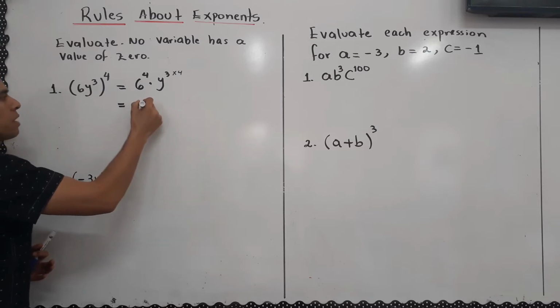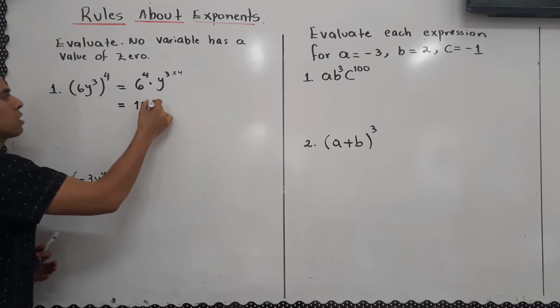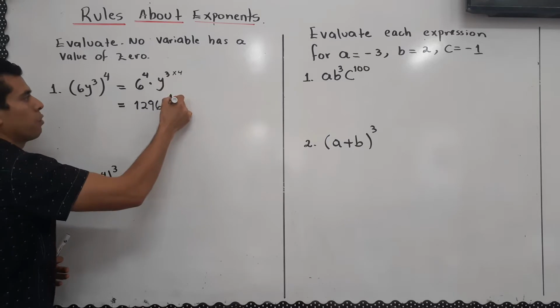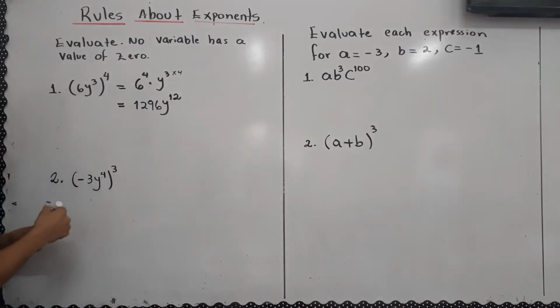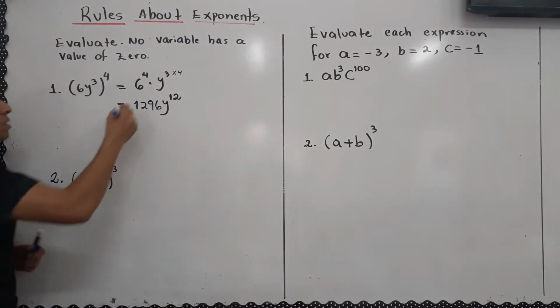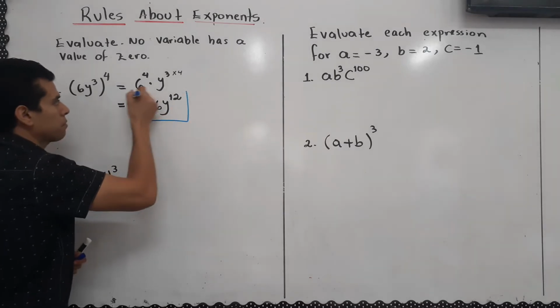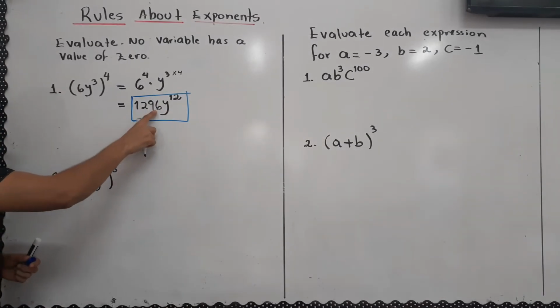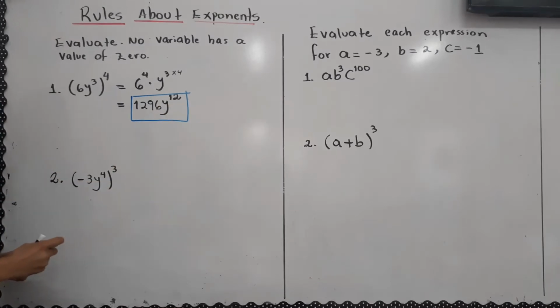That is going to be 1,296. And for the y, 3 multiplied by 4 is 12. So this is our answer of this exercise: 1,296 y to the 12th power.